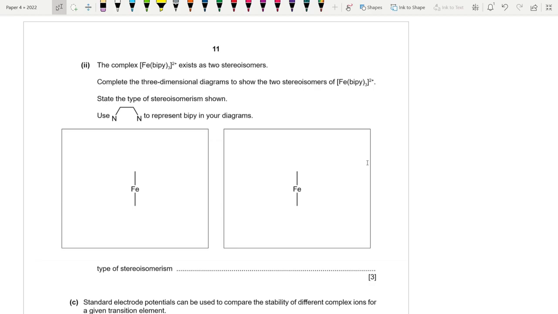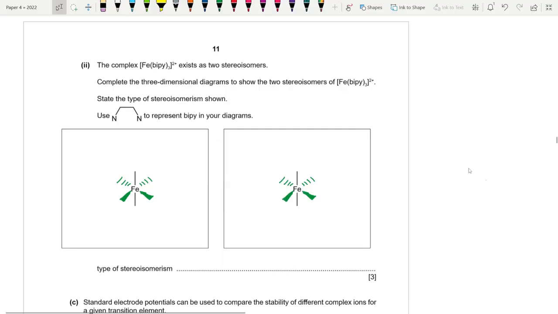So if you have 3 bidentate ligands in an octahedral complex, you can only form optic isomers, nothing else, okay? So let's do this. I'm gonna copy this. Here you go.